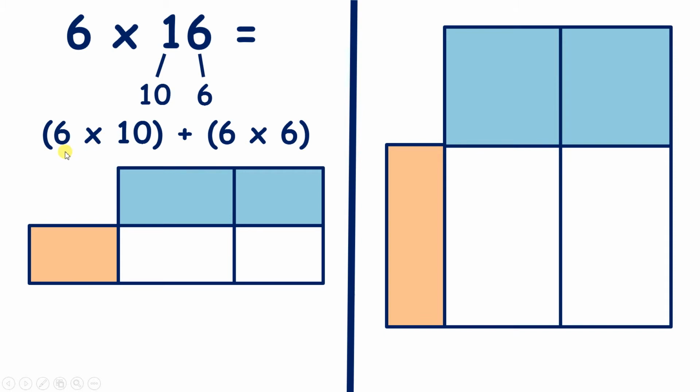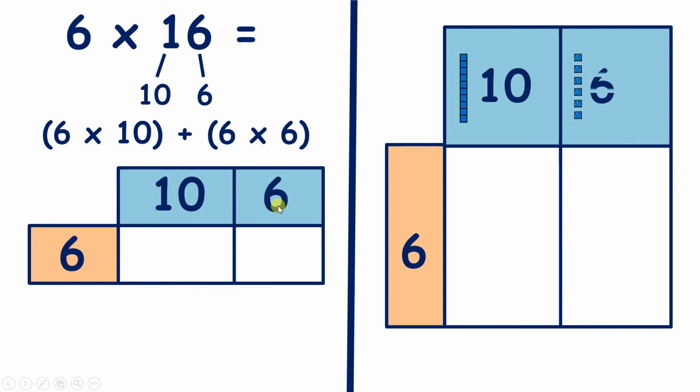So we can work out 6 times 10, then work out 6 times 6, and then add up our answers. So with the grid method, we can write our single digit number at the side, and then we can write 10 and 6 on the top of our grid because we've partitioned the number 16 into 10 and 6.